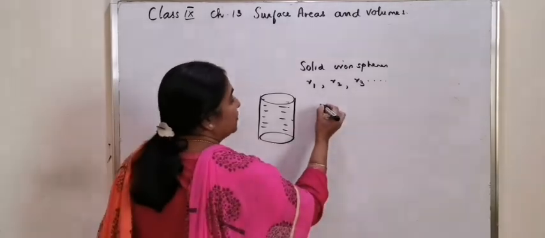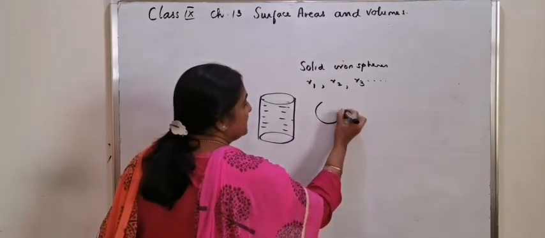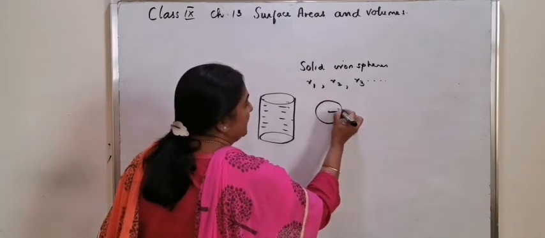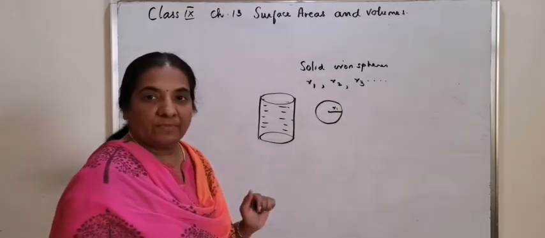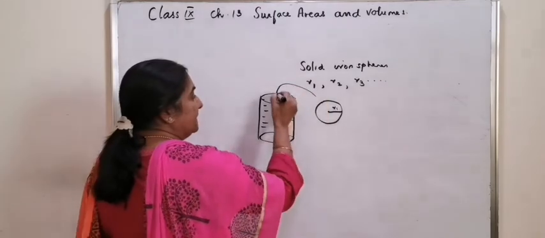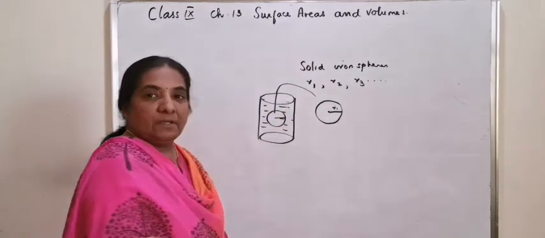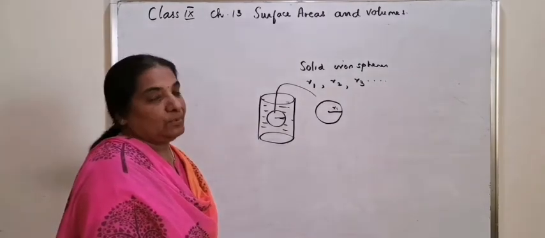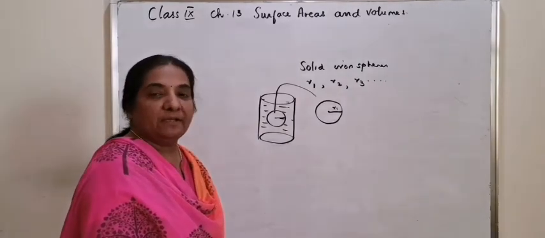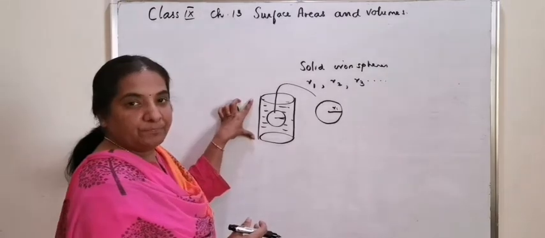You are dropping the first sphere of radius R1 into the cylinder and the water will definitely overflow from the container.